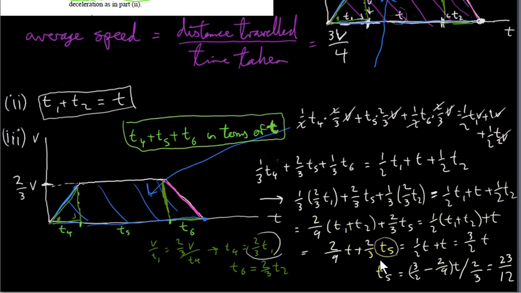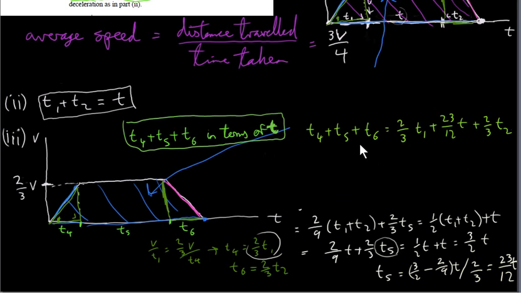So we just calculate 3 halves t minus 2/9 t, or 3 halves minus 2/9 all times t, divided by the coefficient of t5, which is 2/3, and you will see that that is 23 over 12 times t. 3 over 2 minus 2/9 all divided by 2/3 is 23 over 12.